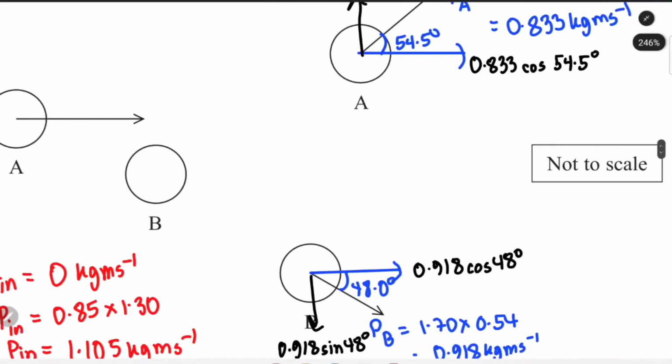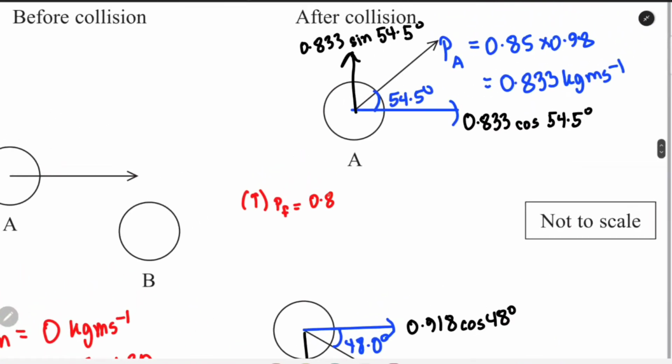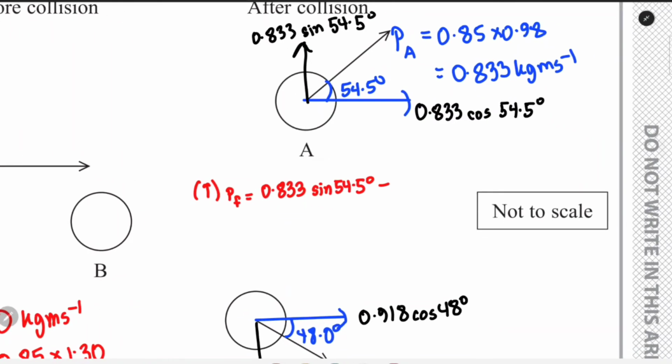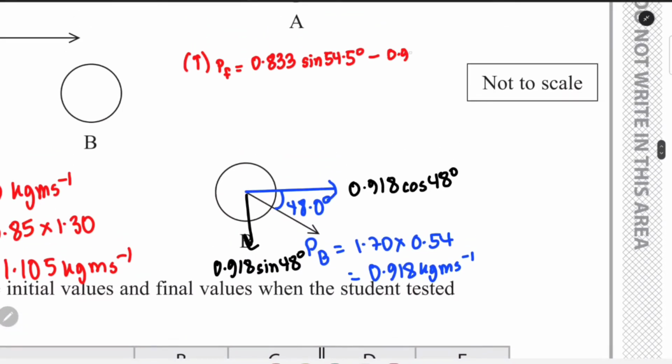Now finally we have the upwards momentum. This is 0.833 sin 54.5 minus, since this is in the opposite direction, 0.918 sin 48 degrees.